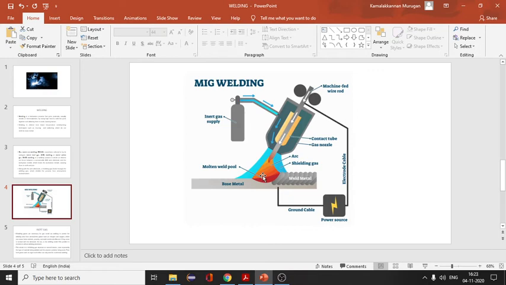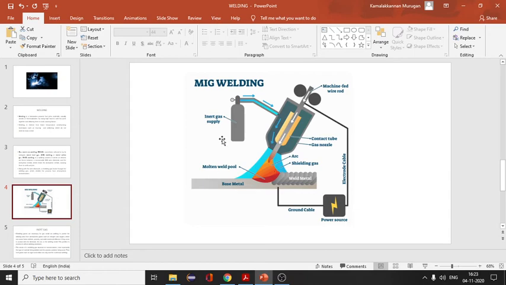Previously, if you didn't have this inert gas, there was a possibility of oxide formation, because the atmospheric oxygen would come straight into the picture, react with the metal parts and produce oxides. The property of the oxide is not going to be the same as your base metal. As a result, we may not be aware of the function of the welding joint. To overcome that, we use the MIG welding process.